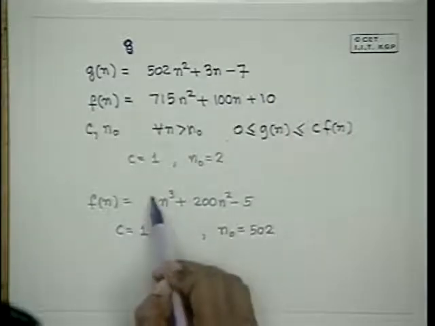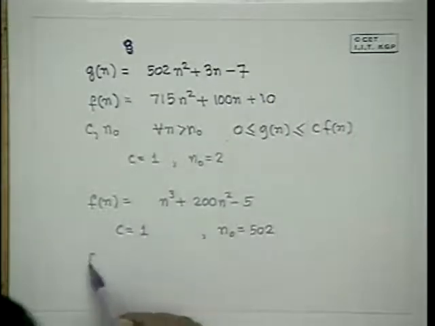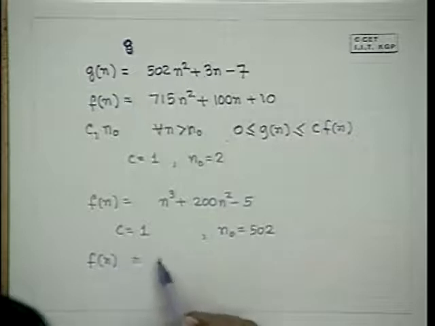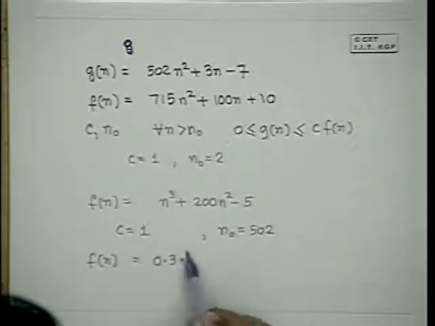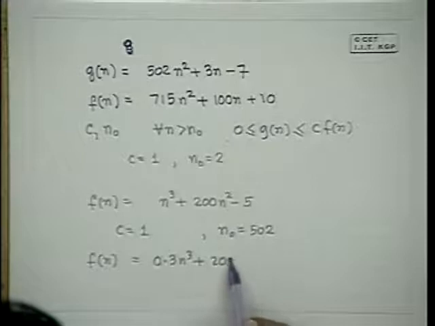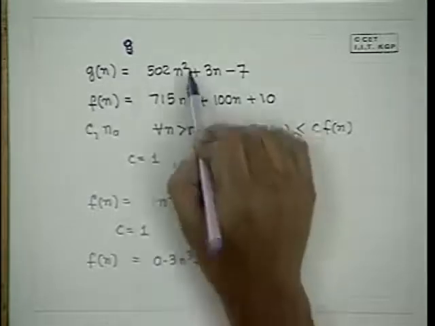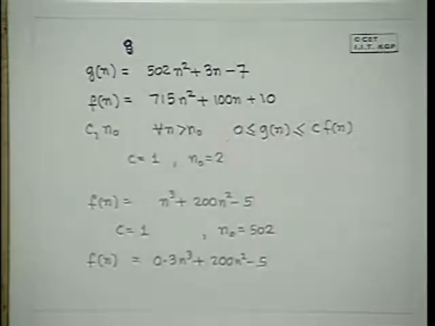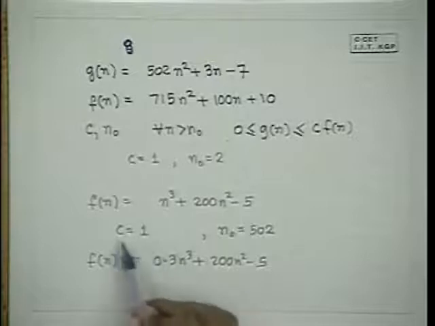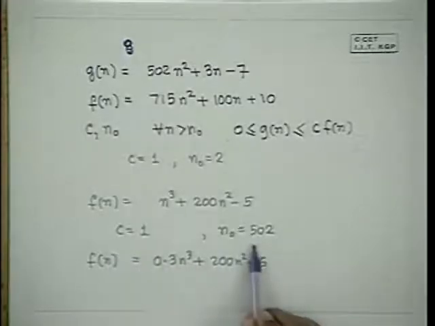Now even if there was a constant here, let us have a look. If F(n) was equal to 0.3 n cube, even then this would be an upper bounding function of this, because you would have found some other C and N0.